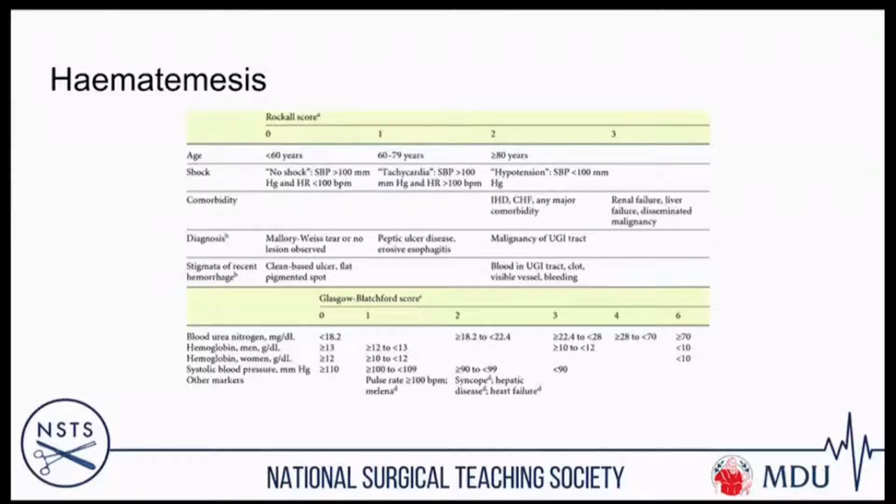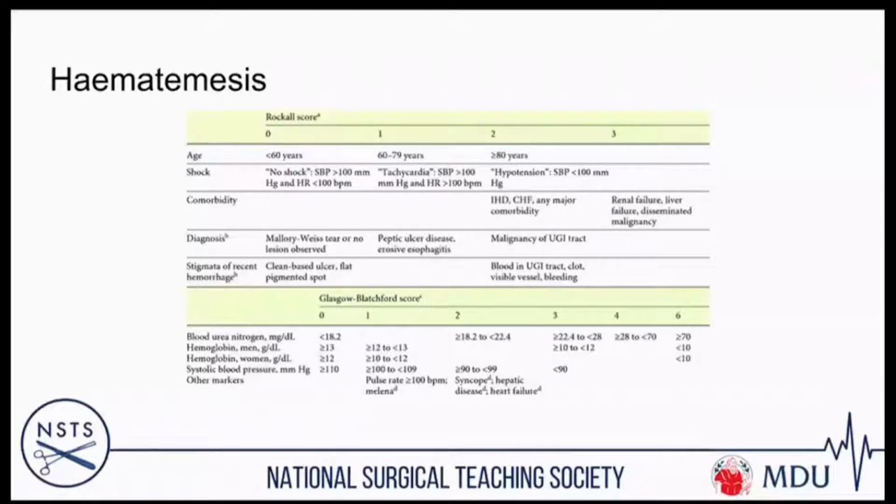This particular score takes into account how unwell the patient is, and there's two aspects to it. There's a pre-endoscopy score and a post-endoscopy score. The pre-endoscopy score out of 7, and post-endoscopy score out of 11. Basically, this just has a look at the risk following a GI bleed to the patient.